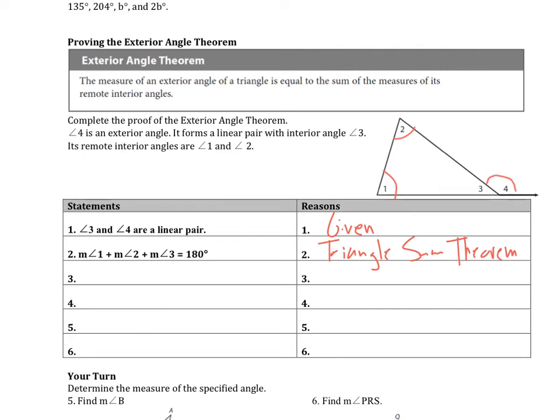We then know that angle 3 and angle 4 are supplementary, and that's the linear pair theorem.